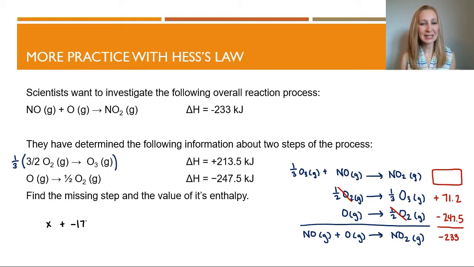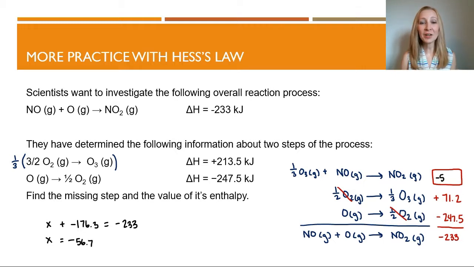Negative 176.3 equals negative 233. So if I take both sides and I add 176.3 to both sides, then the negative 176.3 is eliminated from the left, and I get x is equal to, type it into a calculator, figure this out, negative 56.7.